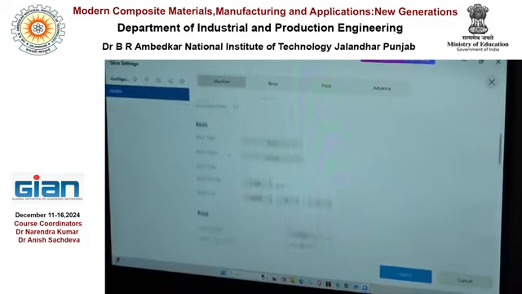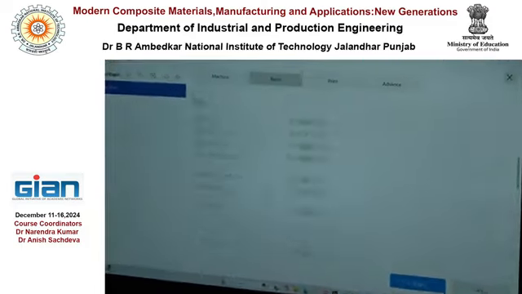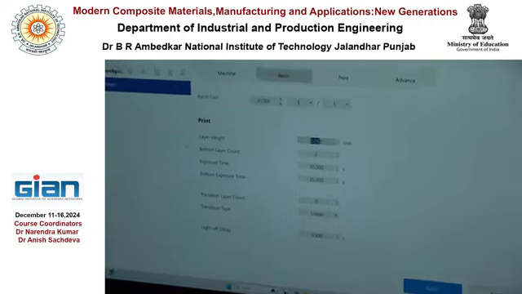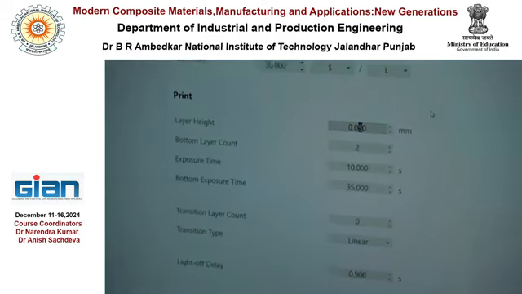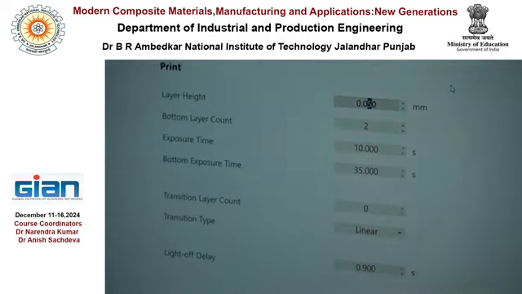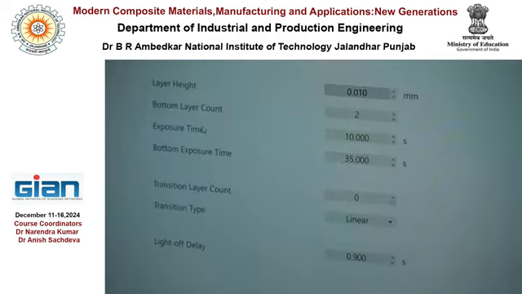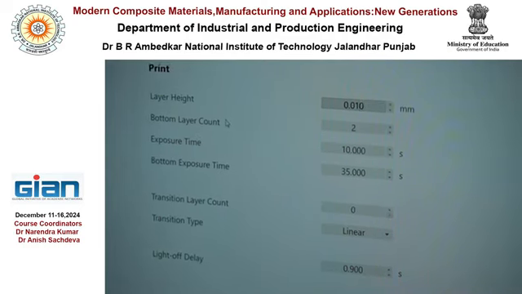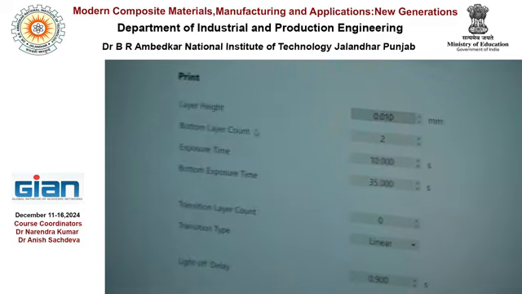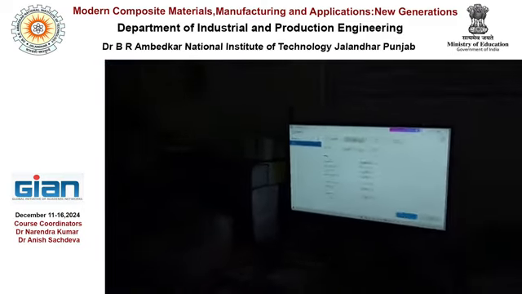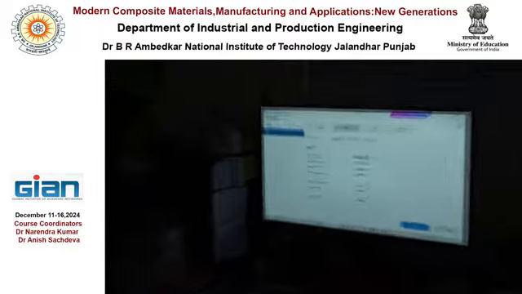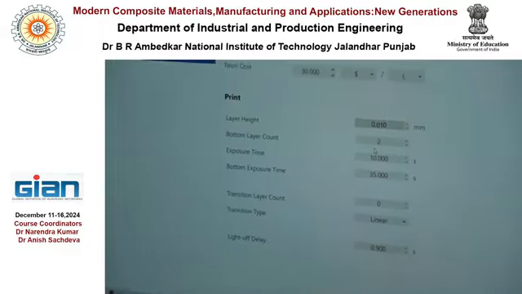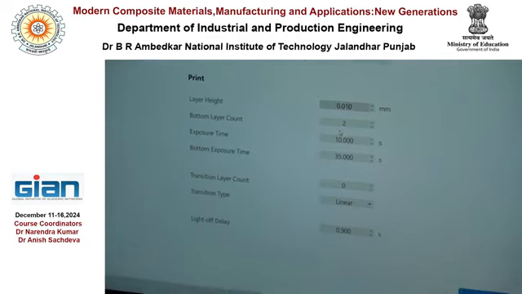So in the print setting we can see the layer height. We can go up to 0.01 layer thickness. Initially the resin has to stick to the platform, so that is the bottom layer count, how many layers we have to make so that the resin can stick to the platform.